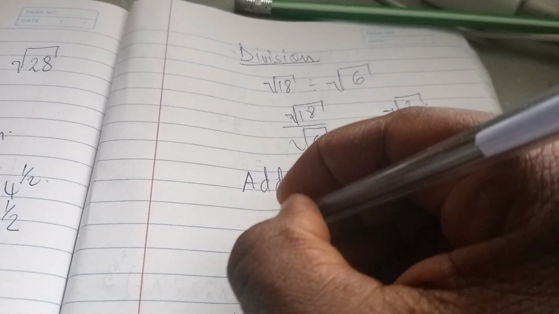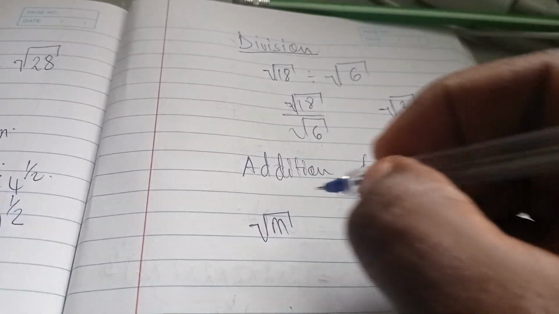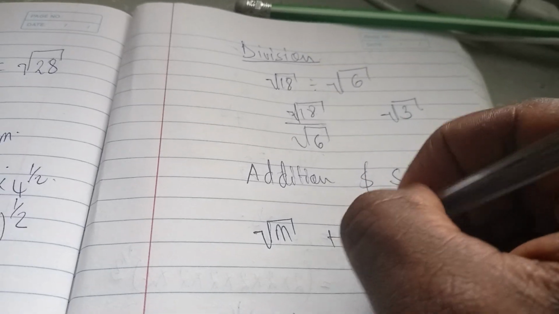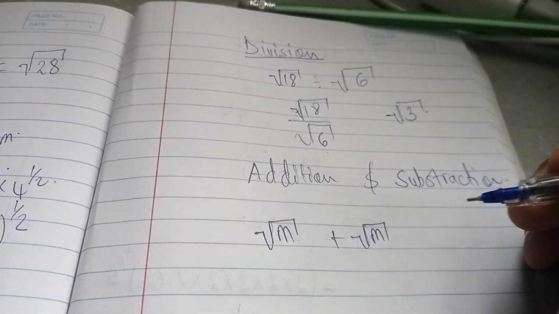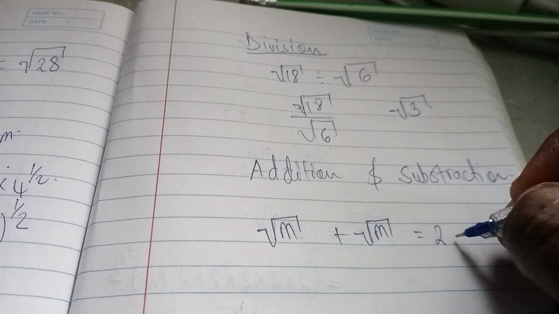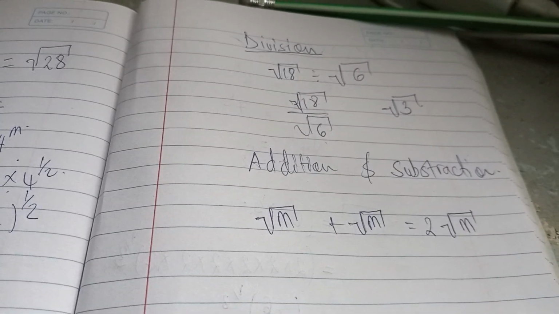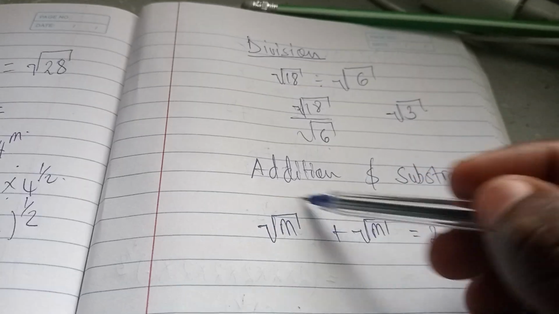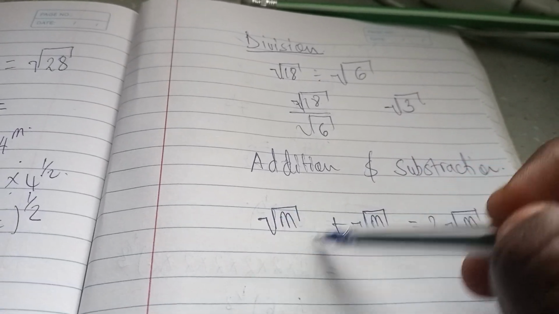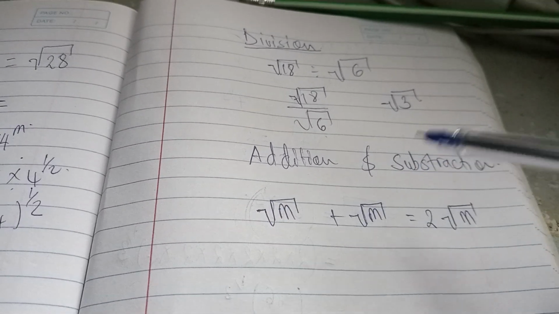For instance, root m plus root m equals 2 root m. So we just treat them like the x's in algebra. All you have to make sure is that the whole thing is the same, you see.